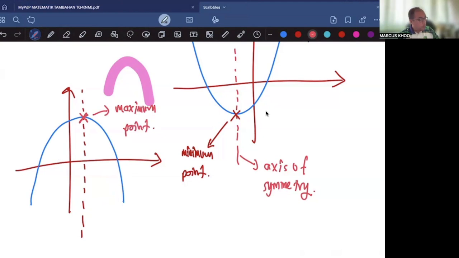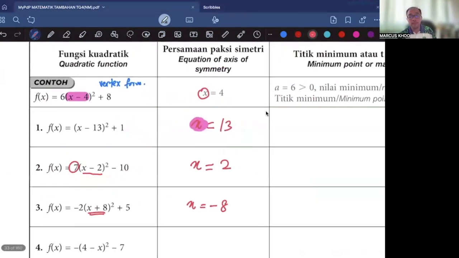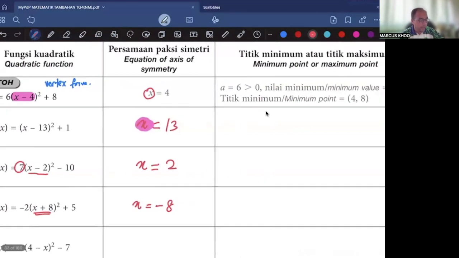So from the vertex form, not only can you find out the equation of the axis of symmetry, you can also know the minimum point, as in the y coordinate for this axis of symmetry. How do you know this? Number one, find out the value of a first.